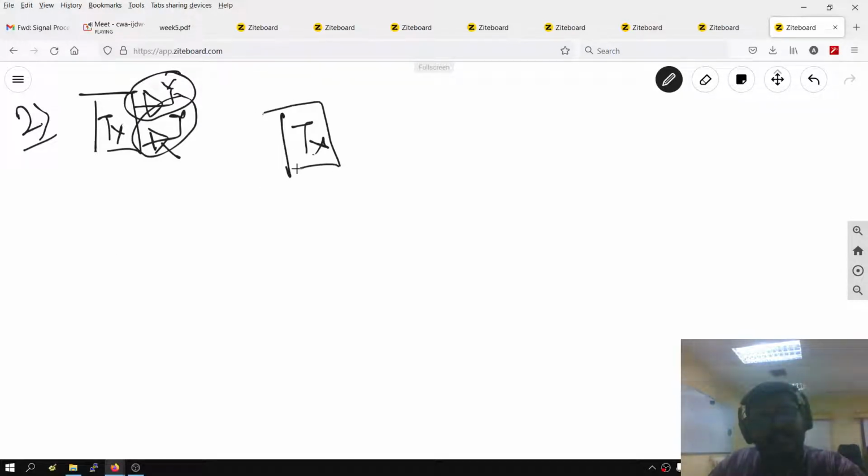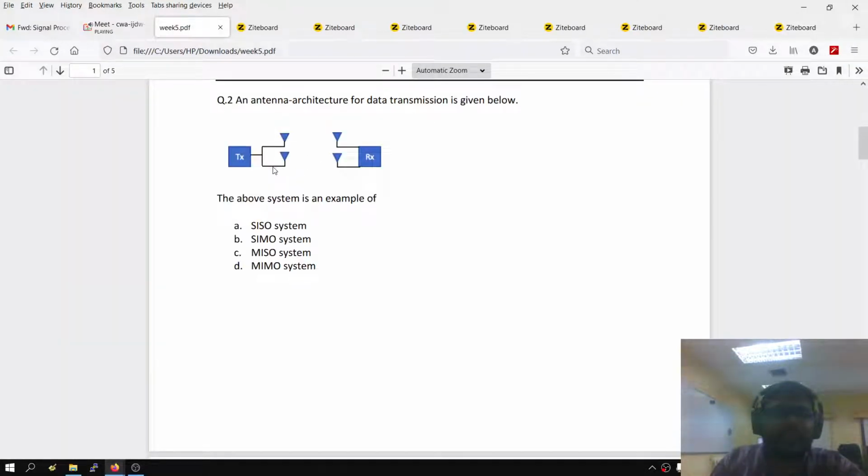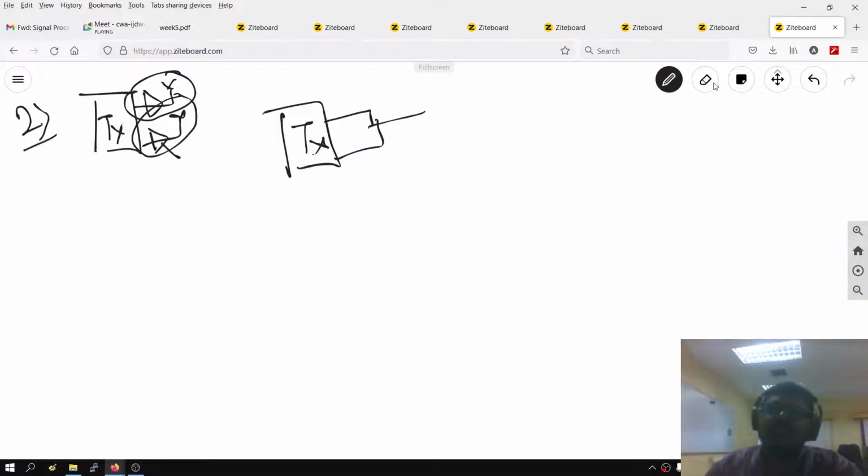This is the TX side, and it comes from the same transmitter side and transmits the same signal. So this is the structure that has been drawn.